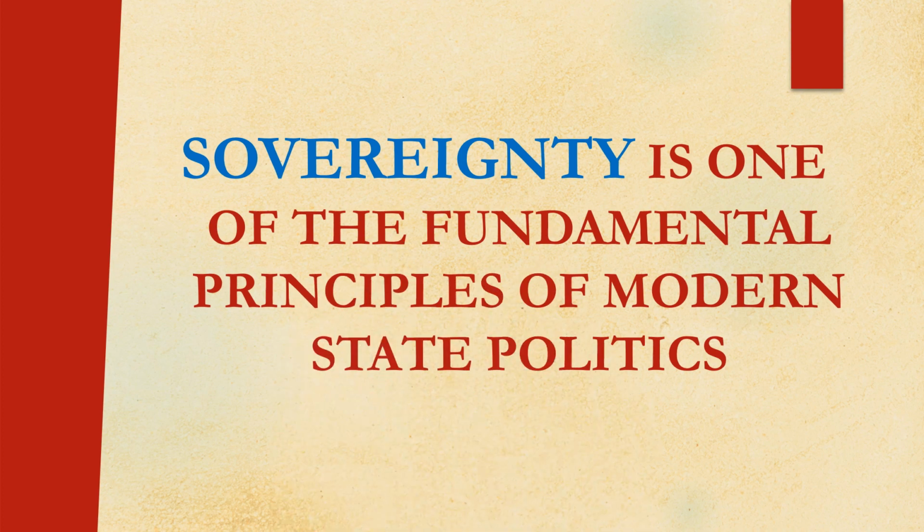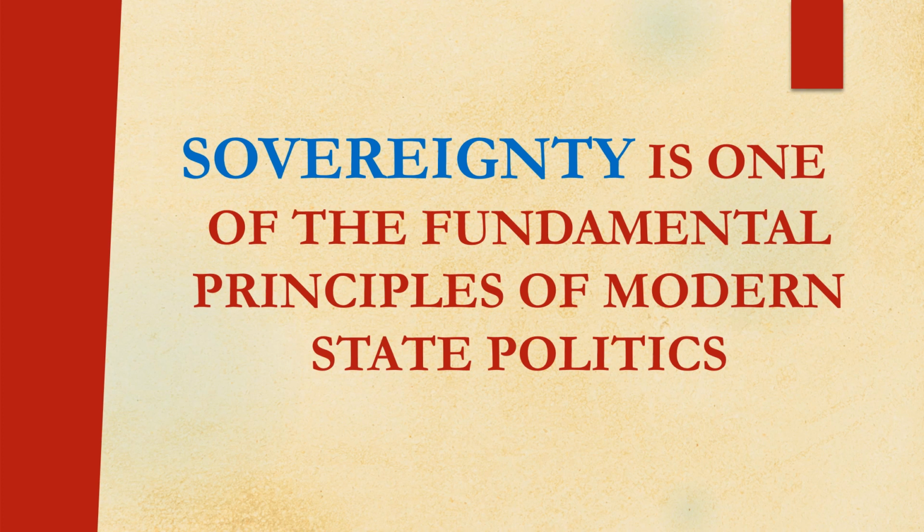Nation and state are closely related because it is nationalism that facilitates state formation. Right now, it has been the nationalist movements that have allowed for the creation of nation states. States become independent and sovereign because of nationalist sentiment that clamors for independence. That is why sovereignty is one of the fundamental principles of modern state politics.